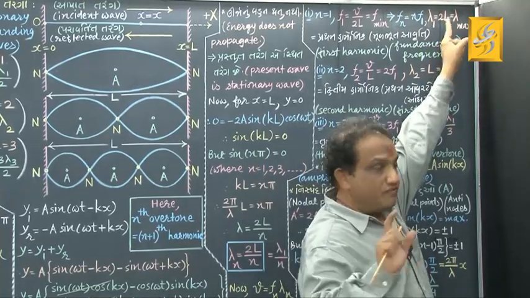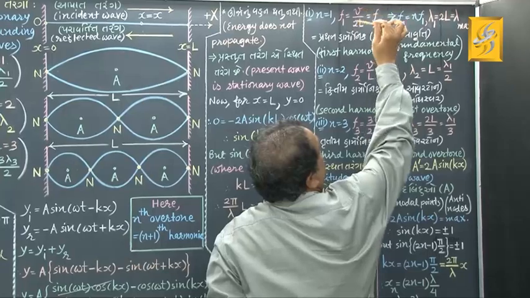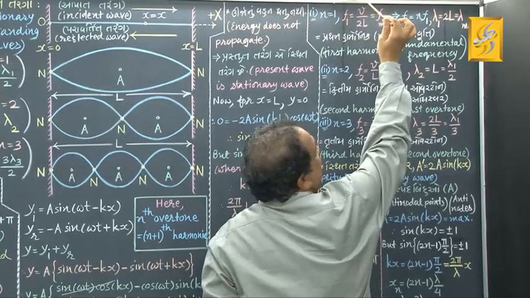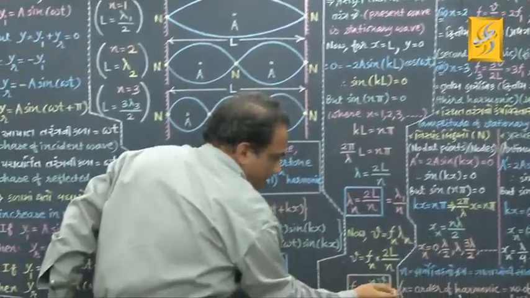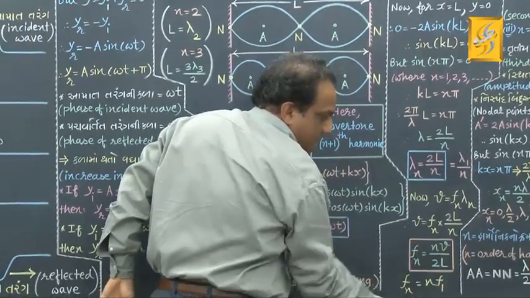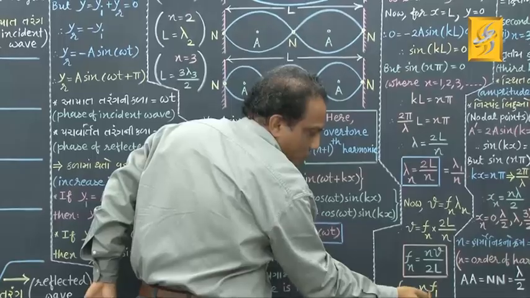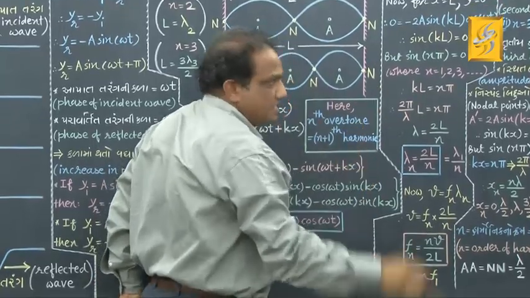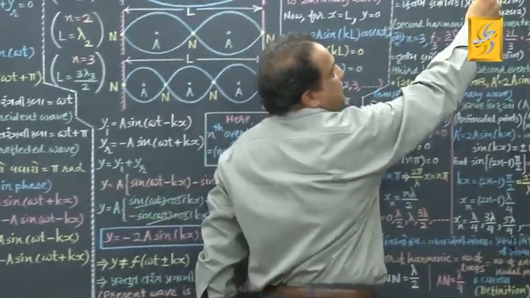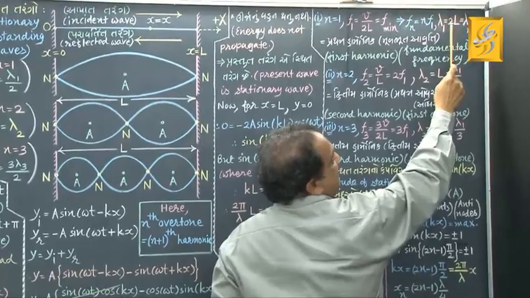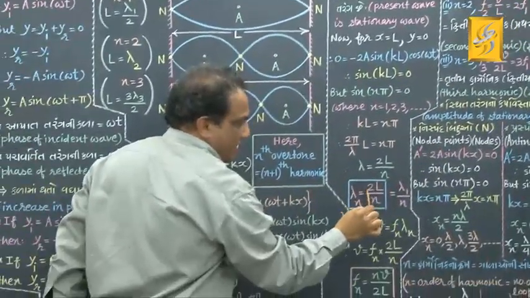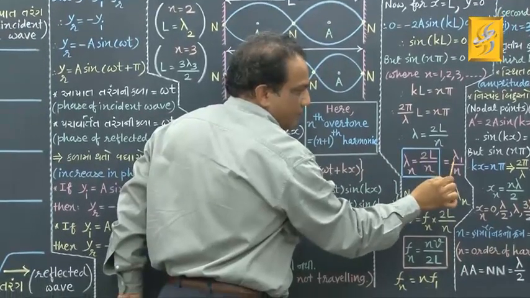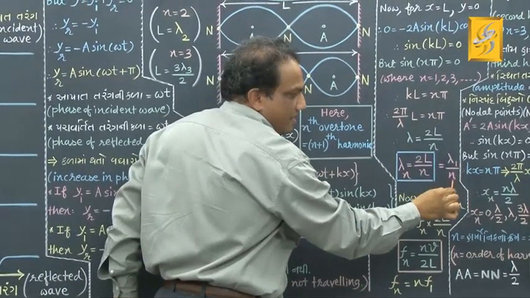Now instead of V upon 2L, you can write F1. When you write F1 here, you get n into F1. And instead of 2L, when you write lambda 1, it would appear as lambda 1 upon n.